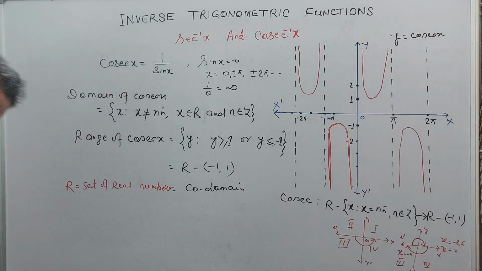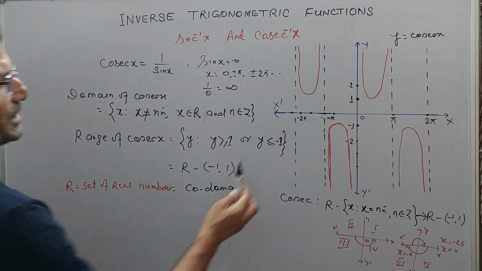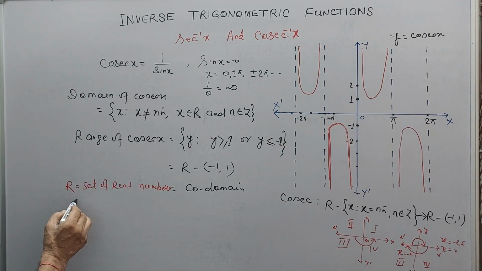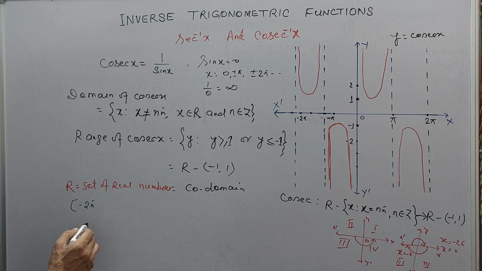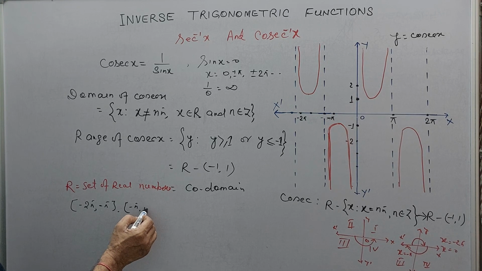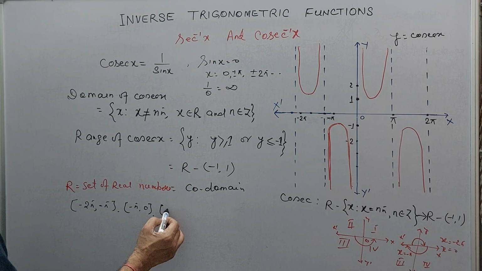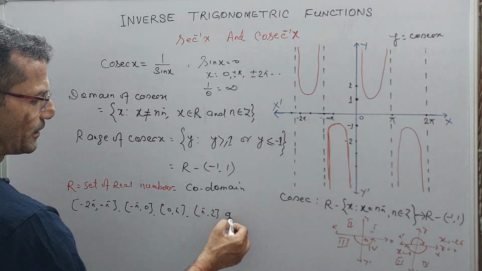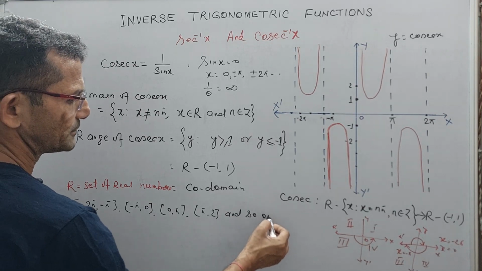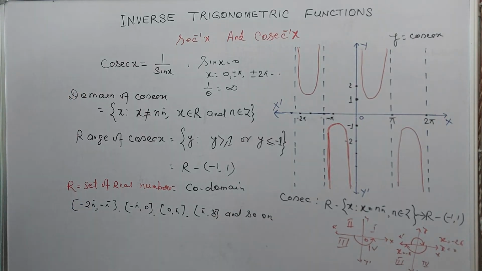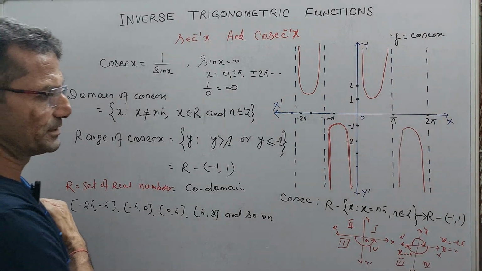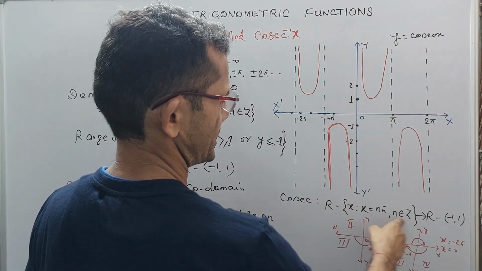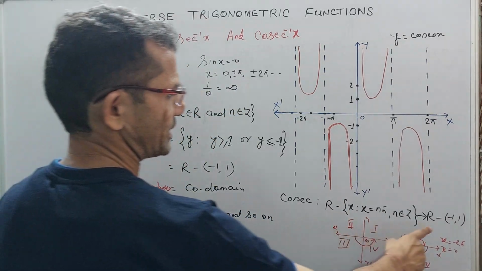So now if I consider the domains from -2 pi to -pi, the second interval -pi to 0, the third interval 0 to pi, and the next one pi to 2 pi, and so on. In this graph, if I replace the domain of cosec with any of these, our range will again be R minus (-1, 1).